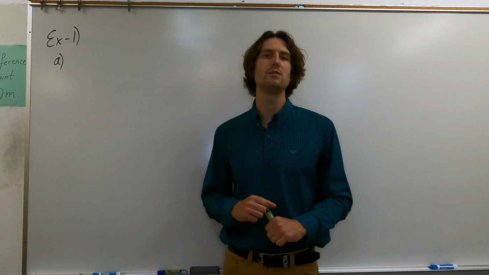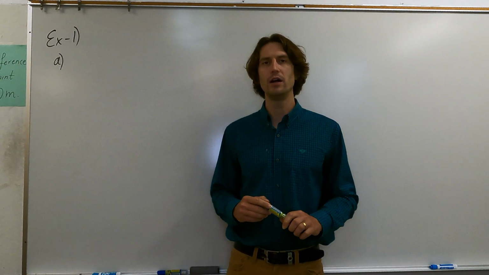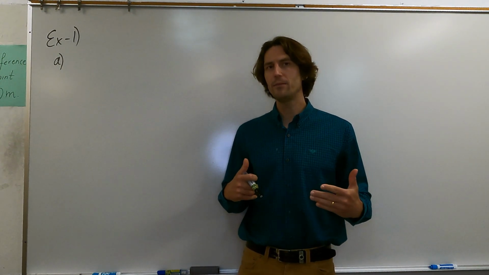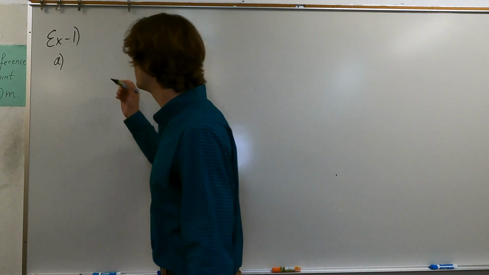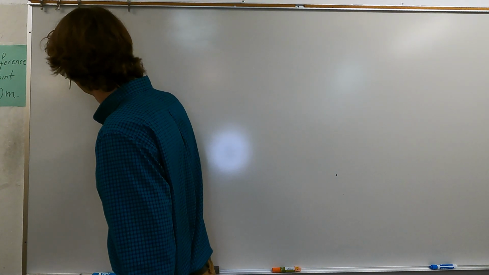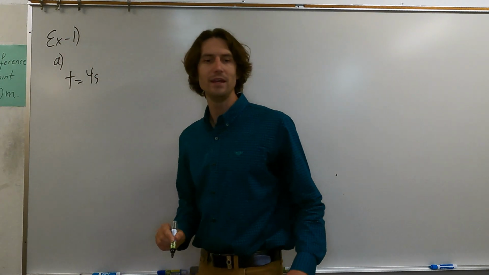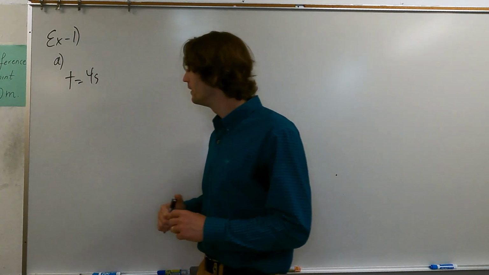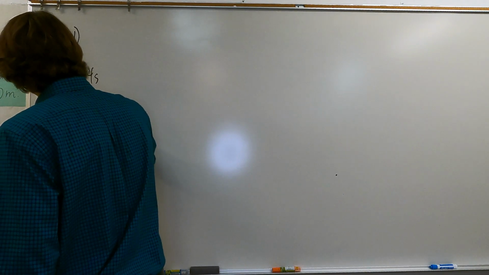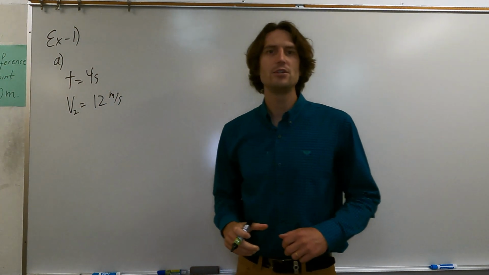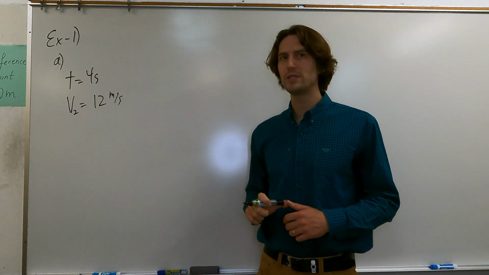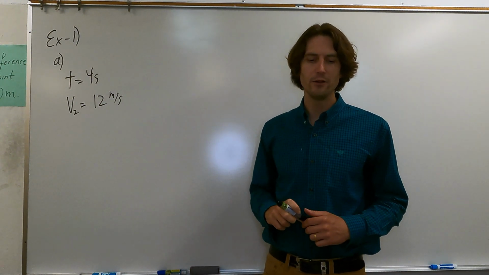Step 1 is going to be to define our known and our unknown variables. So if you read that problem, pull out the numbers, hopefully you should figure out the following. Clearly, the time is 4 seconds, that is stated. It says the student accelerates to 12 meters per second, so that would be V2, my final velocity.